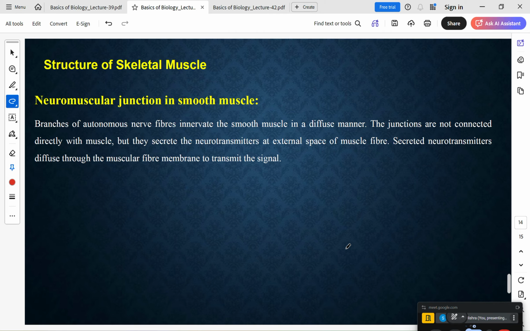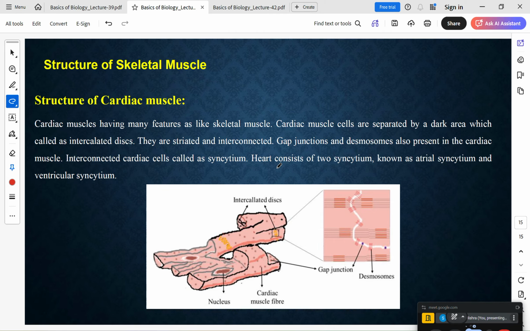In case of smooth muscle cells, the branches of autonomic nerve fibers innervate the smooth muscles in a diffuse manner. These junctions are not connected directly with the muscles, but they secrete the neurotransmitters at the external space of the muscle fiber, and these diffuse through the muscle fiber membrane to transmit the signal, somewhat similar to the neuromuscular junction in case of skeletal muscles.